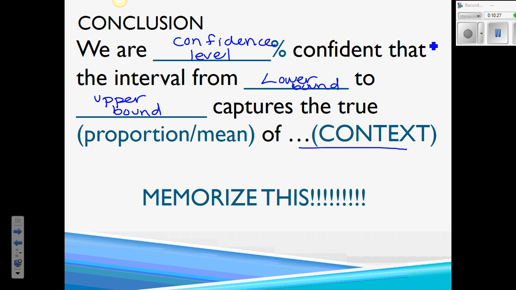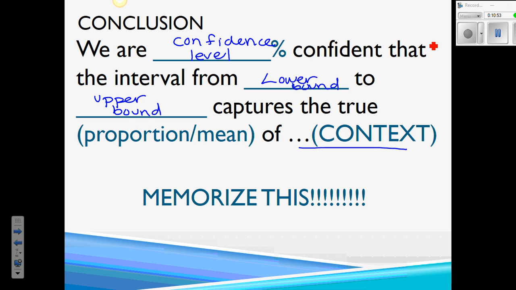Again, we have no idea if the true mean or the true proportion fell within that interval. But we're 90-something% confident, 90, 95, 99, 98, that it does. But we don't know if it did. We're just that confident based on what our calculations are. So you guys have that written down. You need to have that written down.